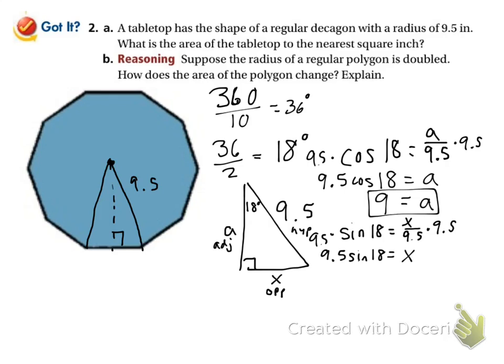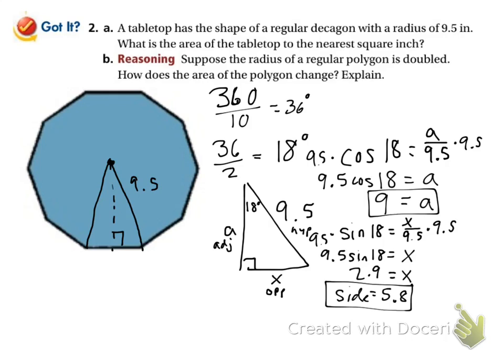If I do that on a calculator, we get that x is about 2.9. That is not your side length, okay? That is this little piece here. So we need to double it or add it twice, right? 2.9 plus 2.9. So our side length is 5.8.